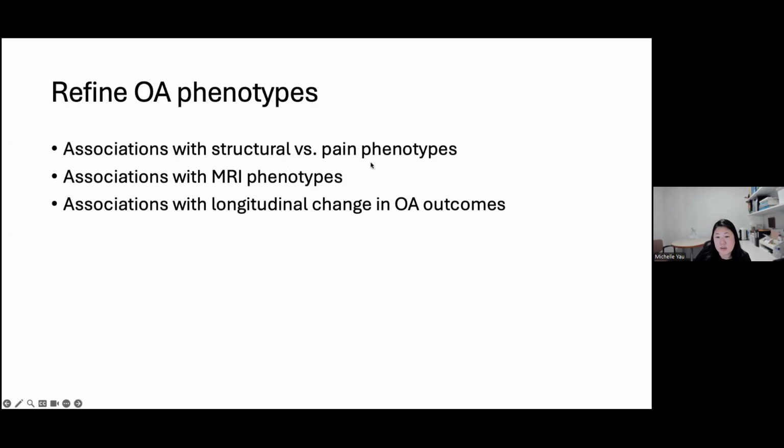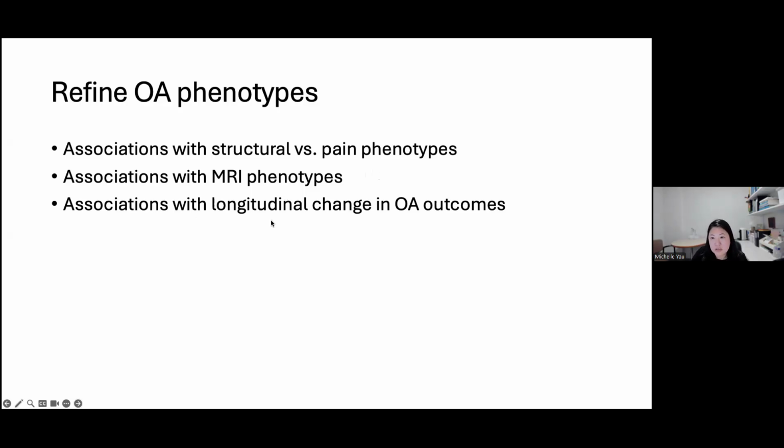I think there was also an effort to look at genetics underlying knee bone shape as a novel phenotype. And so I think there are a number of opportunities to really dive into the GO Consortium GWAS to really refine those phenotypes that are associated with the variants that are identified.